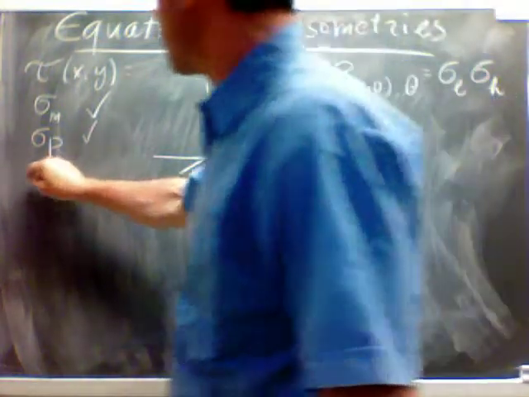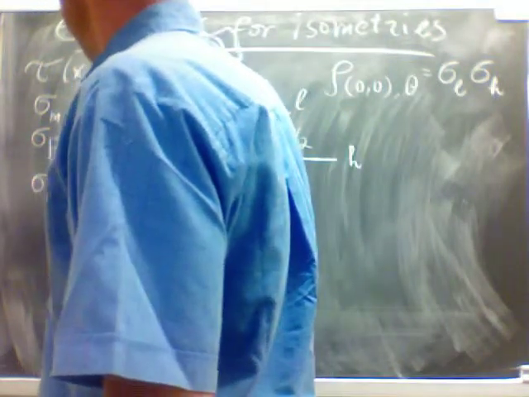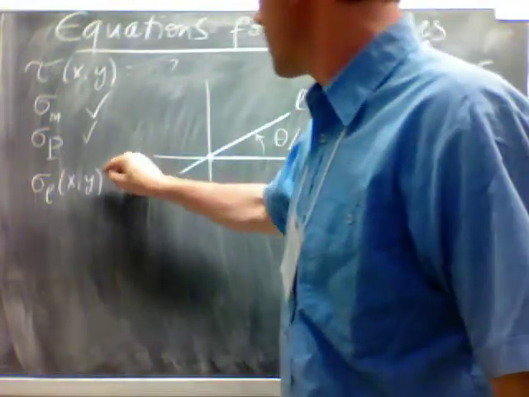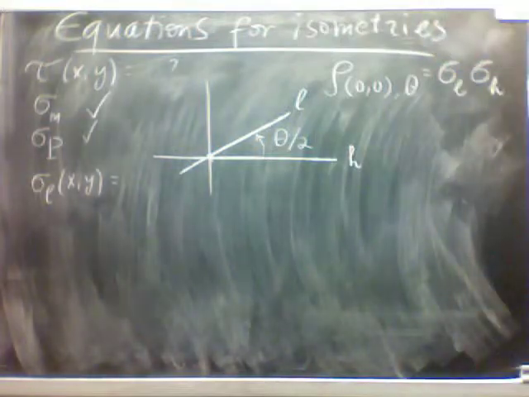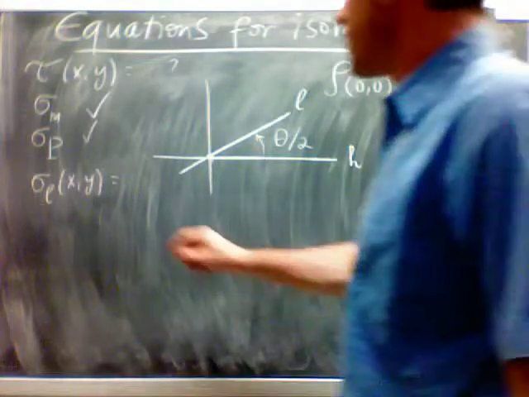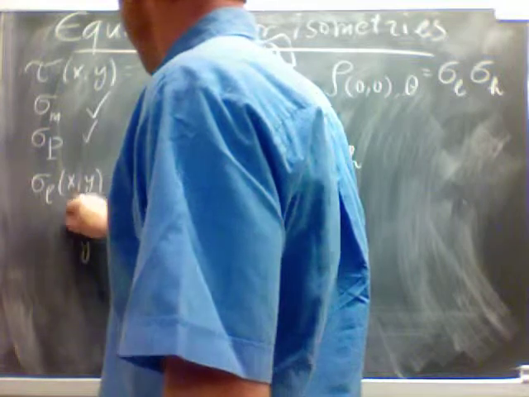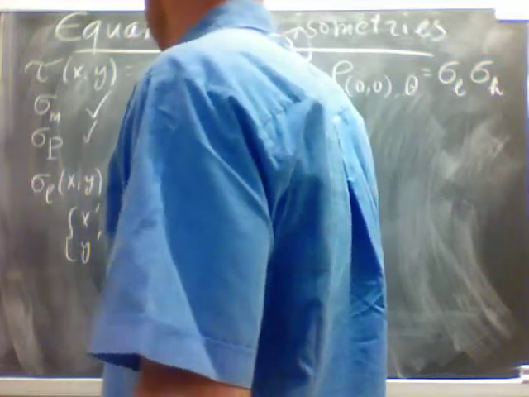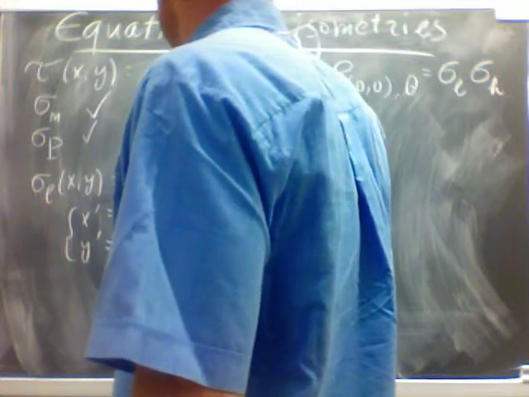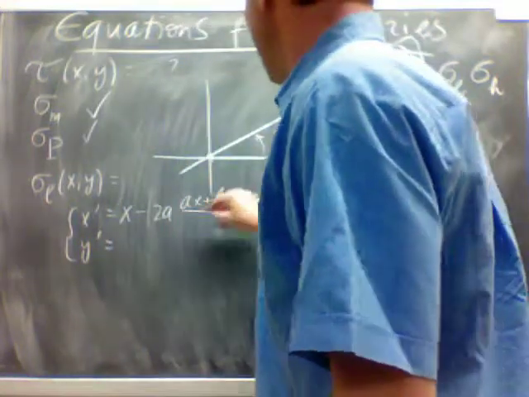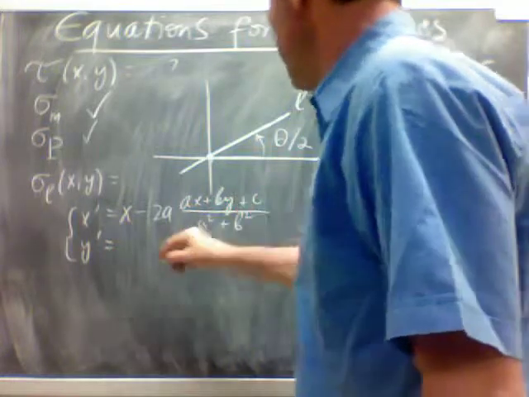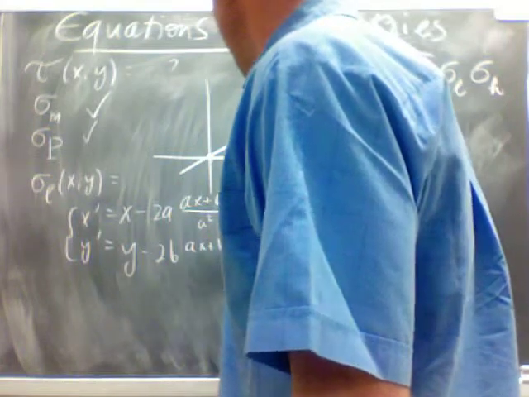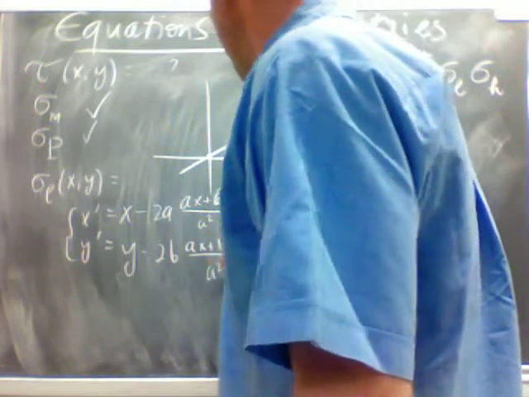So what are the equations for sigma L? Well, as I've told you, you don't have to memorize them because I memorized them for you, but you can write them as x prime, y prime equal x minus 2a times (ax plus by plus c) over a squared plus b squared, and y minus 2b times (ax plus by plus c) over a squared plus b squared.